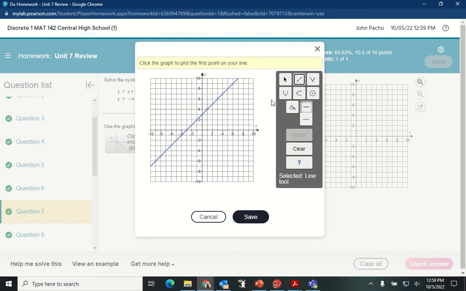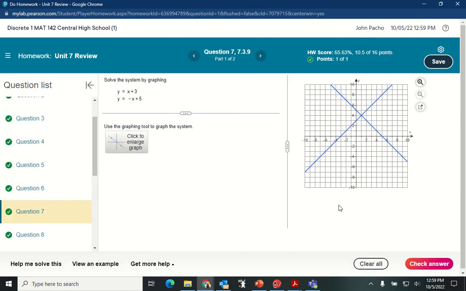So a second line, 0, 5, and 1, 4. Once you get those two lines on there, you should be able to see where they intercept, where they cross. I'm going to hit save and then check my answer.